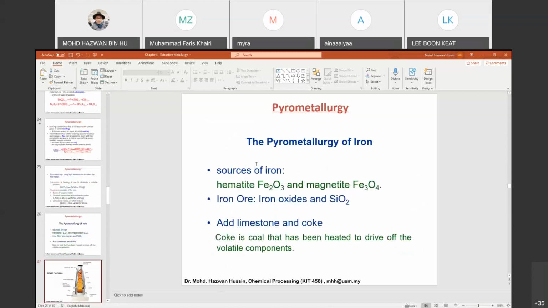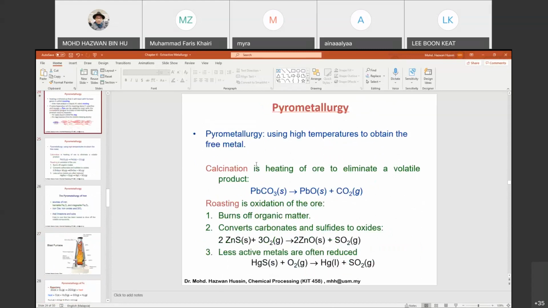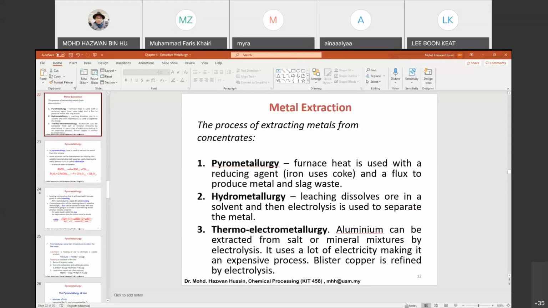For pyrometallurgy and others, we are going to continue tomorrow. I forgot that tomorrow we have class around 8, right? Tomorrow around 8 I have an appointment in the morning, so I'm not sure whether we can reschedule the time.